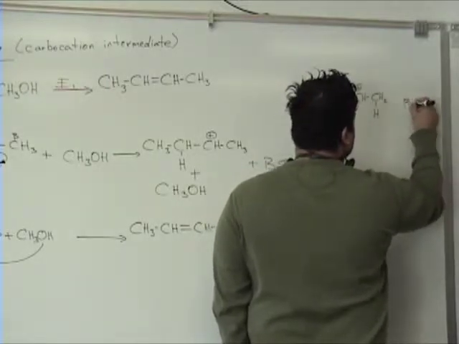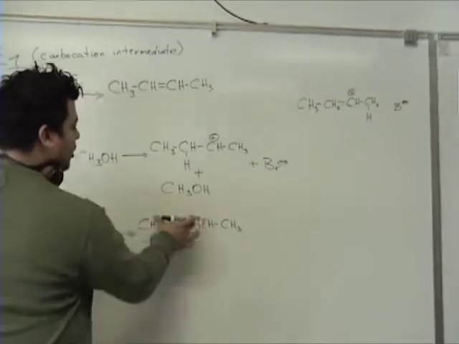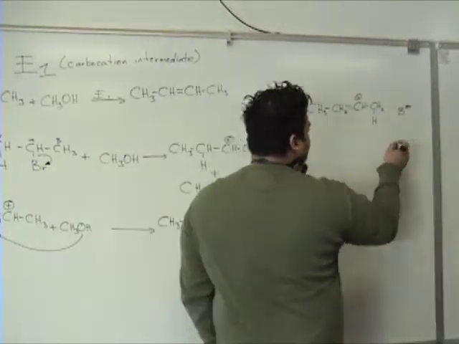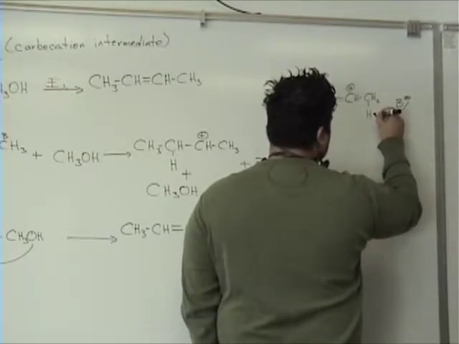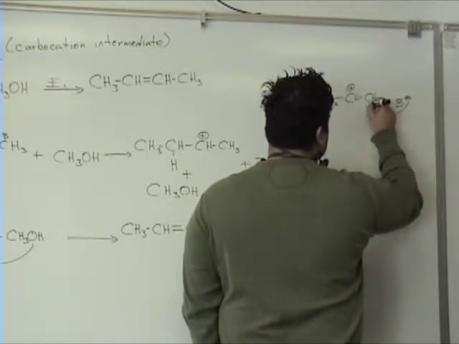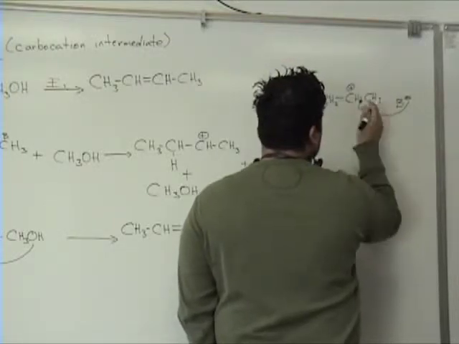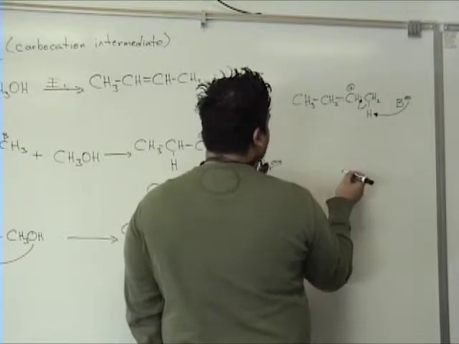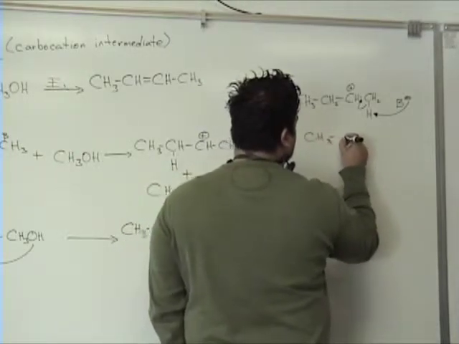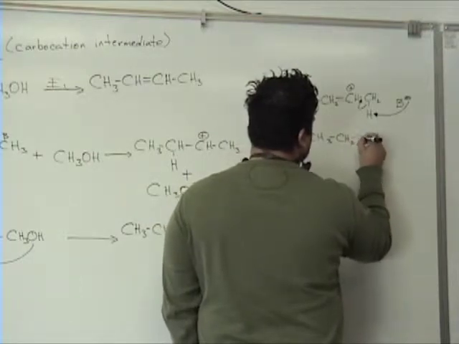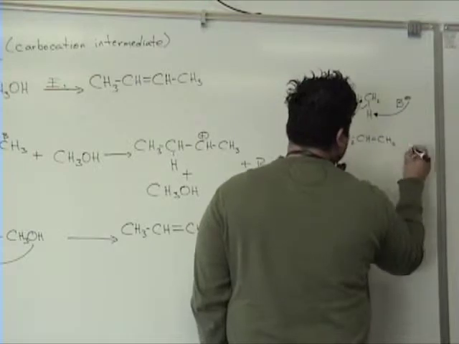Now when the base, which we said is this one right here, comes and picks this one up, and this one goes up here to stabilize the carbocation, the expected product is CH2.